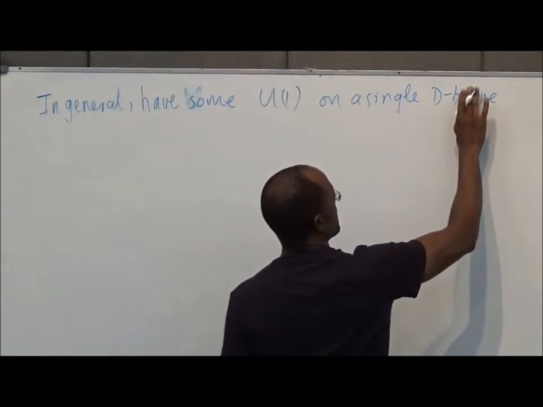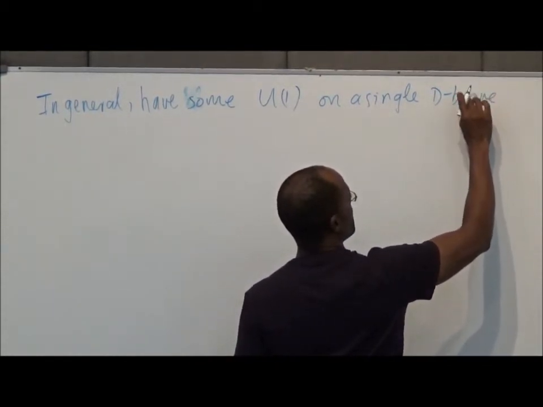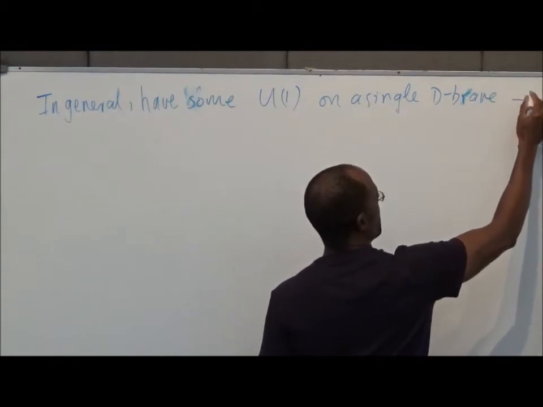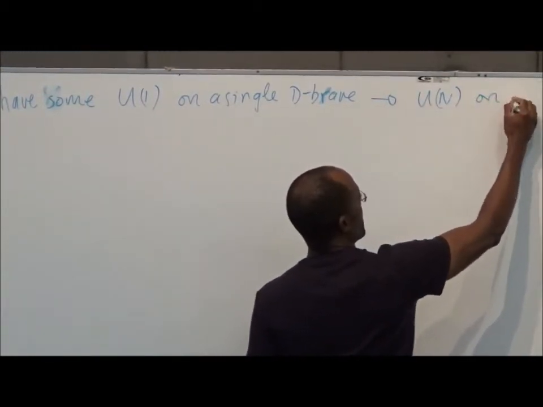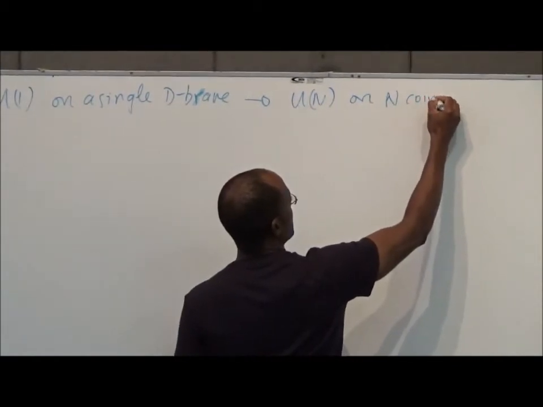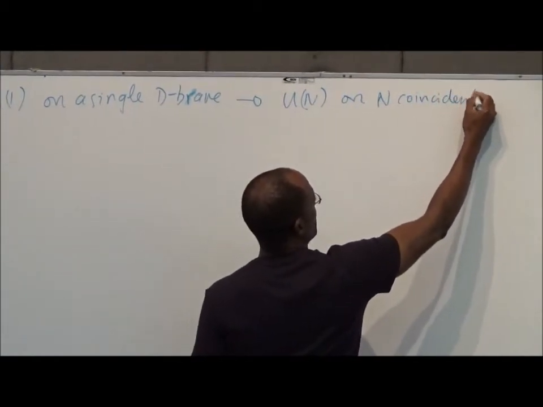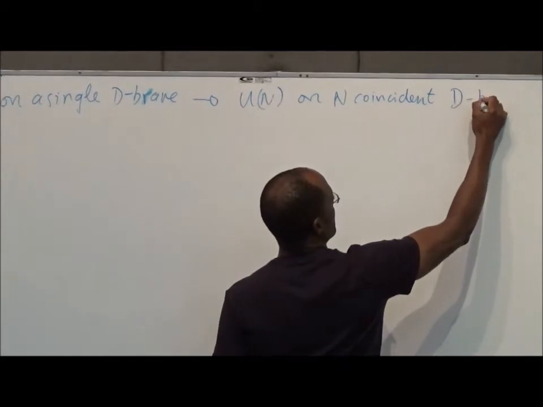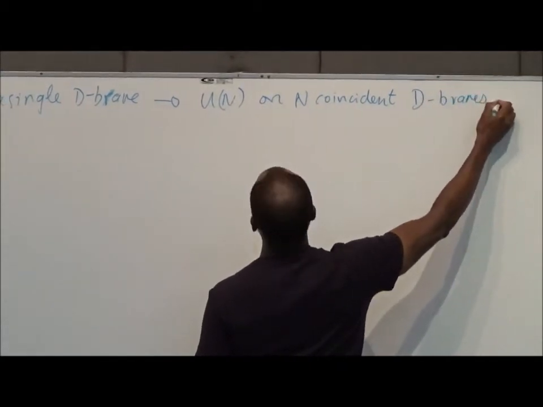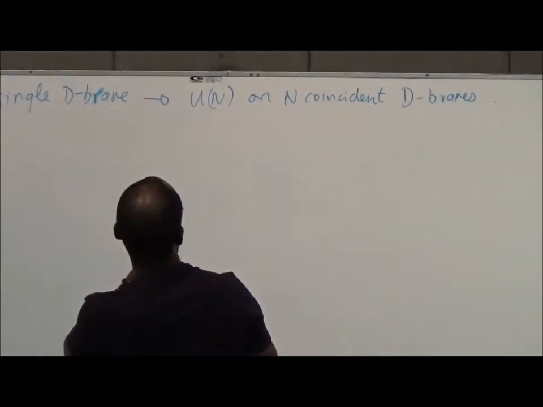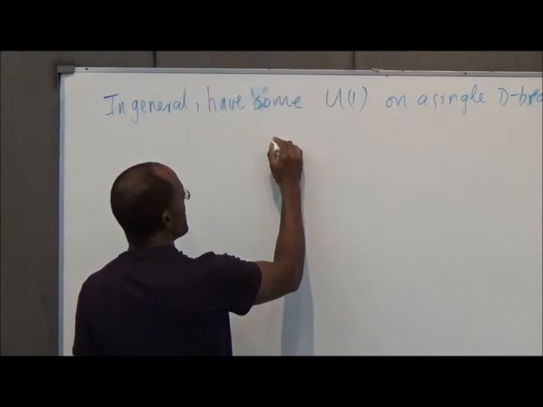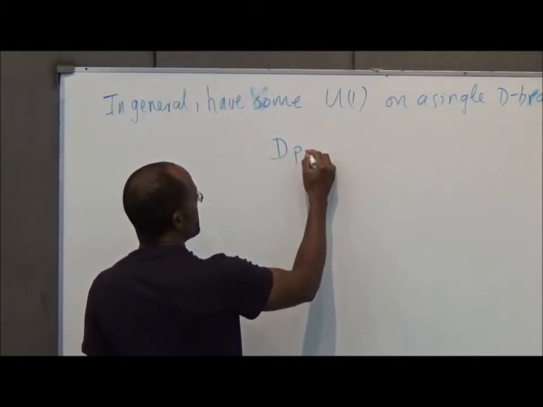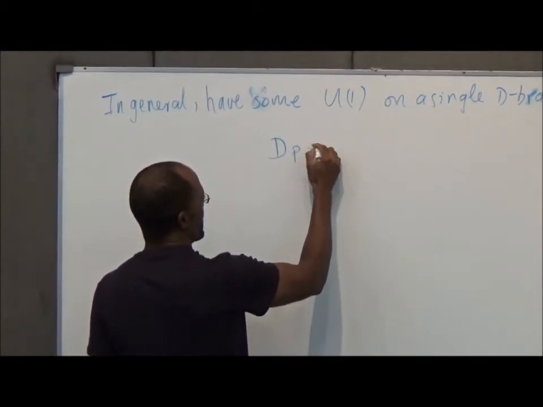Hopefully you did as you promised at the end of the lecture, and you went away and convinced yourself that it's a UN on N coincident D-branes. Okay, so let's try and do the count. Well, maybe I should get you to do the counting.